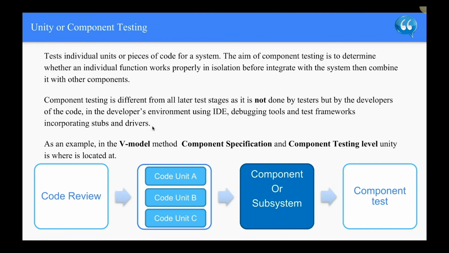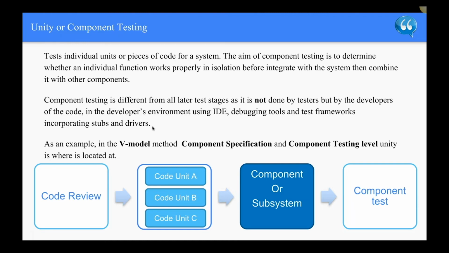Now, unit or component testing tests individual units or pieces of code for a system. The aim of component testing is to determine whether an individual function works properly in isolation before integrating it with the system and combining it with other components.